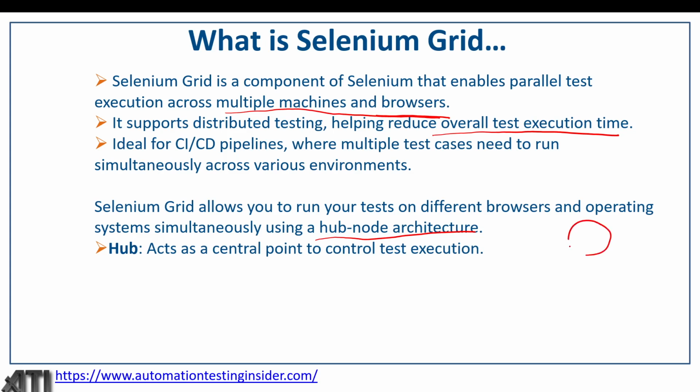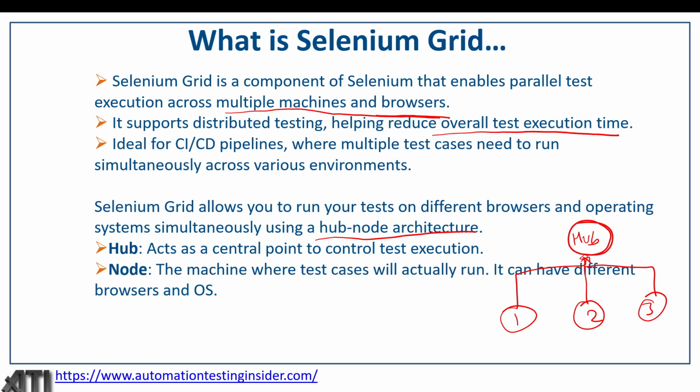The hub, as I have told, works as a server which controls our test execution, and it will connect to different machines. Those machines are nothing but the nodes. We set up different nodes and register all of them to this server, the hub. A node is a machine where test cases will actually run.